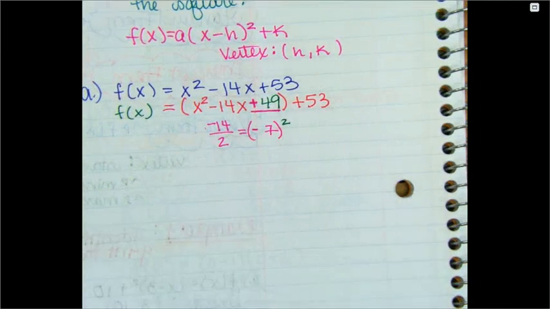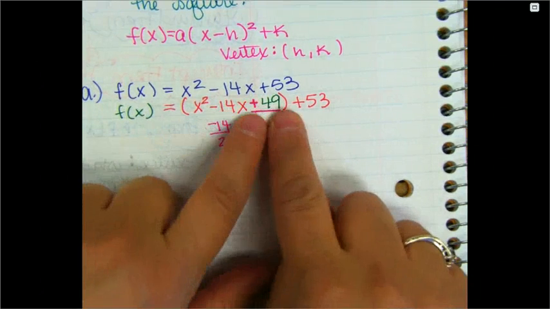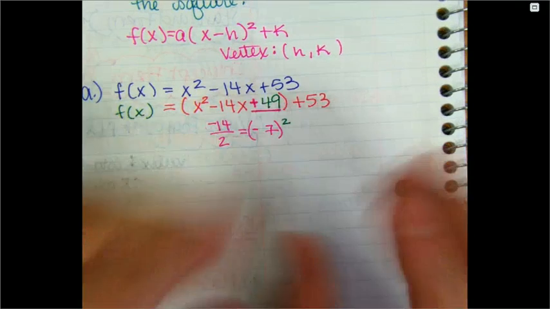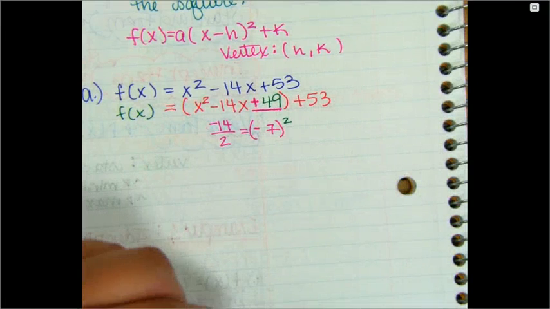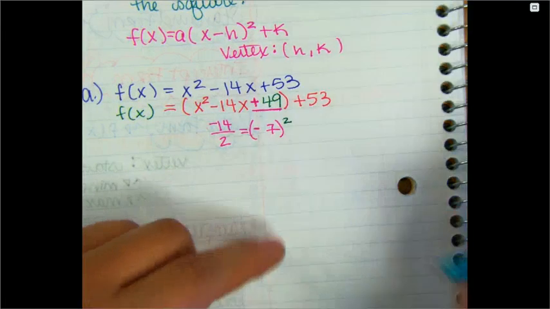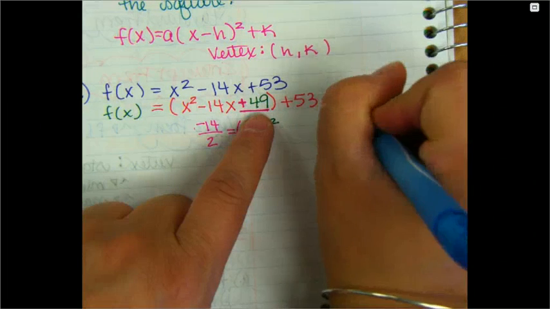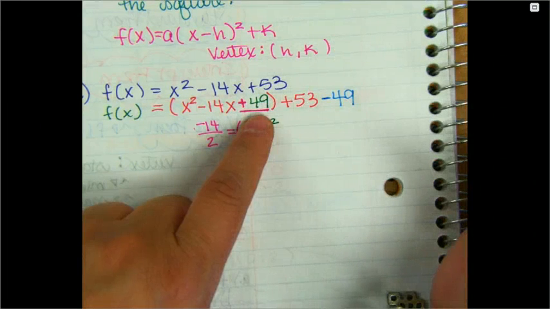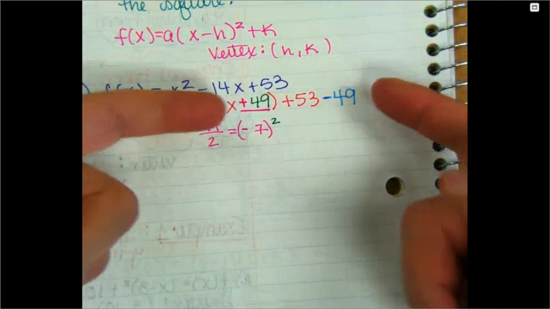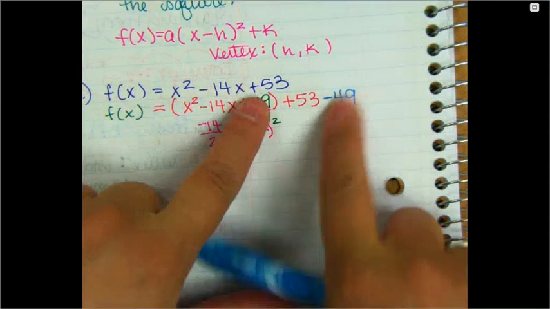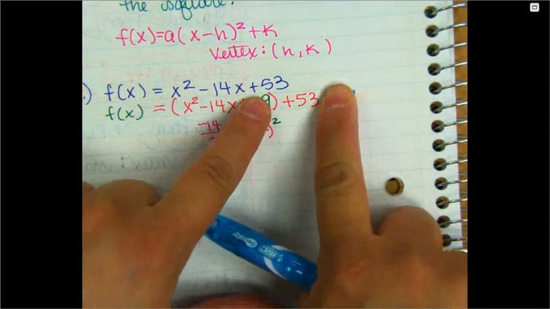It keeps it even the whole time. So to keep it even, I need to still make a 0 term out here. So in order to make a 0 term, I do the opposite of positive 49, which is negative 49. Okay? Because it needs to always be 0. So doesn't 49 minus 49 give me 0? Right? So it just goes away.